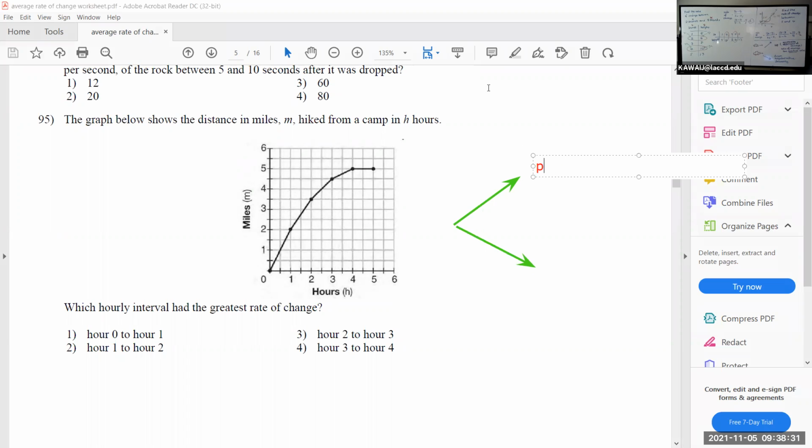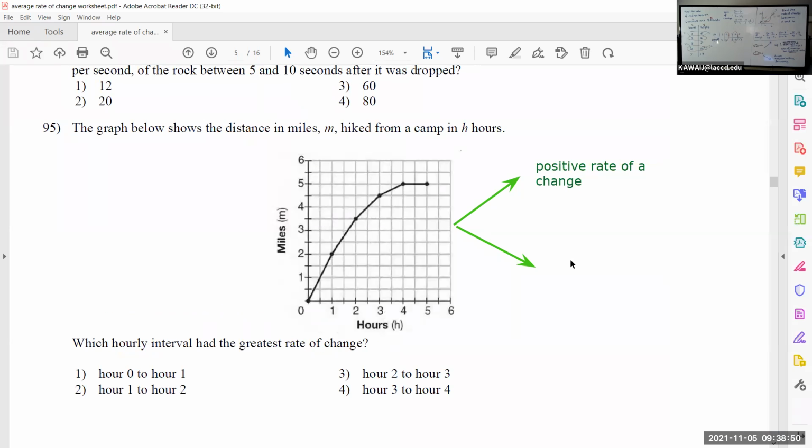Bigger. And we know that this one here would have a negative rate of change.